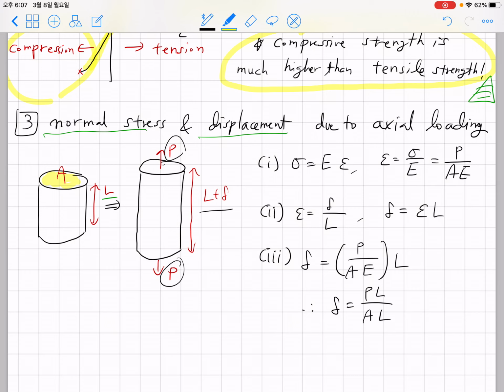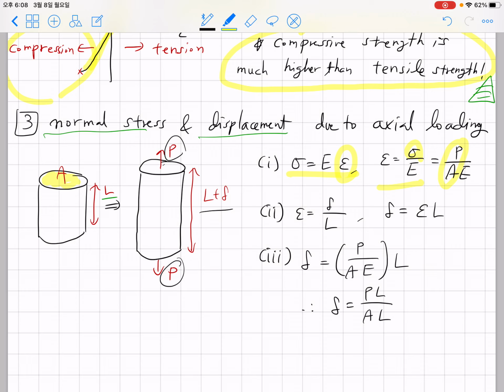If you focus on the material property, sigma equals E times epsilon. To use the material property, you need normalized stress, normalized strain, and normalized displacement. Strain is defined as sigma over E, and the stress sigma can be represented as P over A, the force over cross-sectional area.